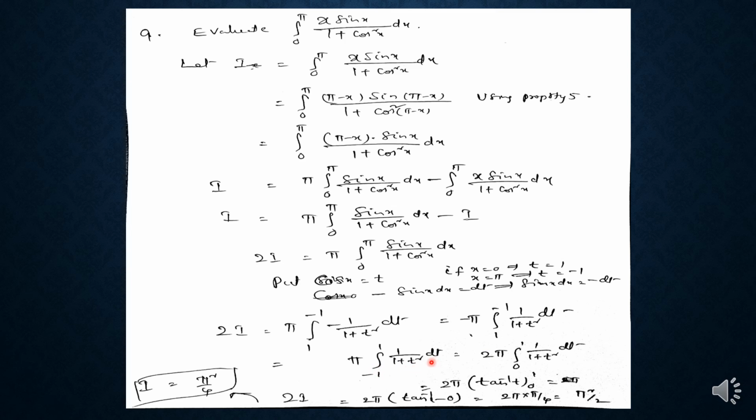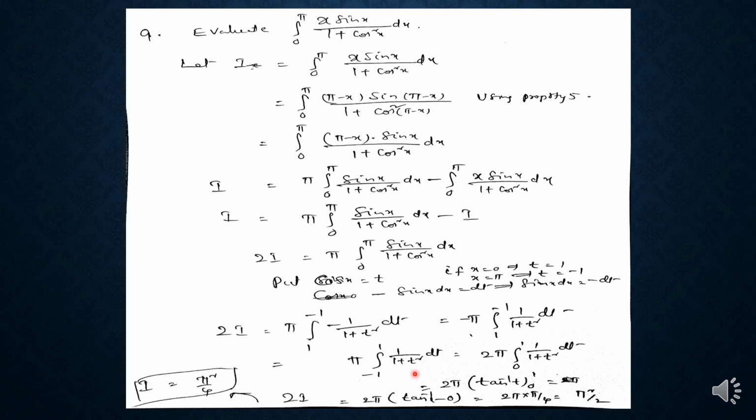Now by integrating this function, we get 2 pi, because this is an even function. If f of t is equal to 1 by 1 plus t square, and we put minus t in the place of t, this becomes the same function 1 by 1 plus t square, the original function.